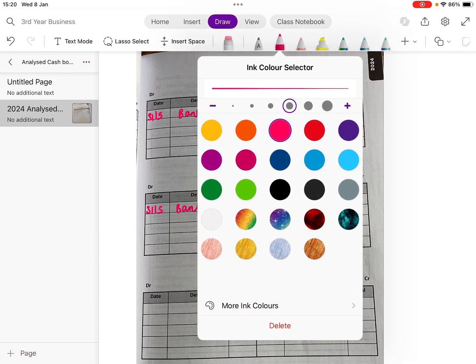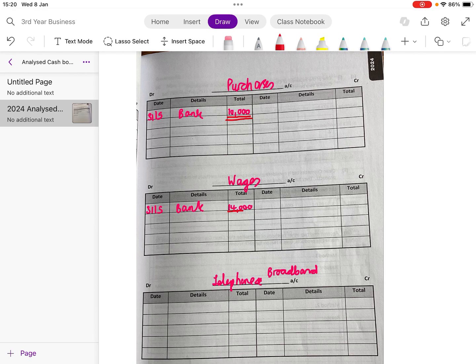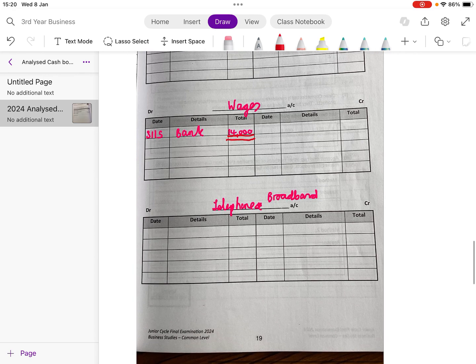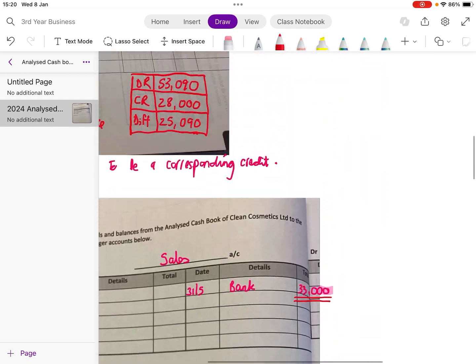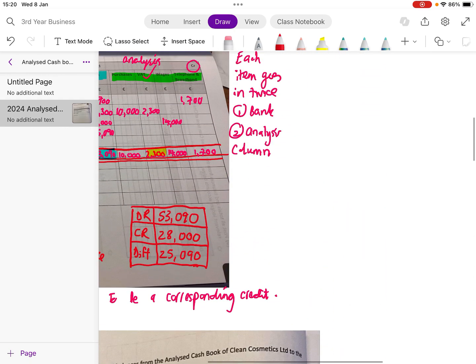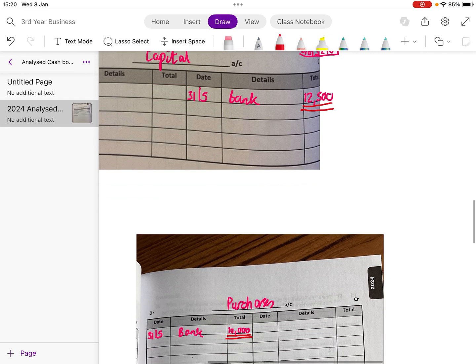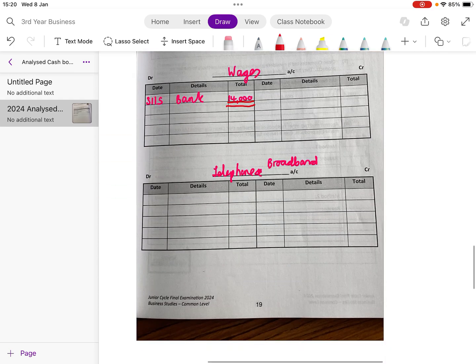And again, closing this off. And the final one is my telephone and broadband. And again, it's the exact same thing, girls, €1,700. It's on the credit side of my Analysed Cash Book. So it should go on the debit side of my general ledger.